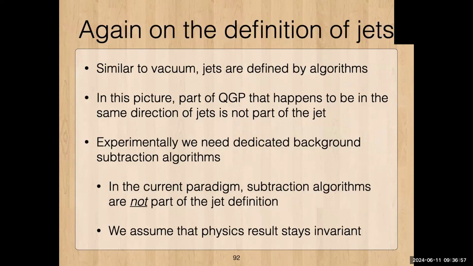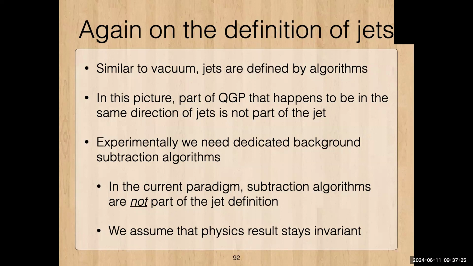So, back to the definition of jets. Similar to the vacuum case, jets in heavy ion collisions are also defined by algorithms. In the current paradigm, the part of the quark-gluon plasma that happens to be inside a jet is not part of the jet, and we need some sort of background subtraction algorithm to take it out.